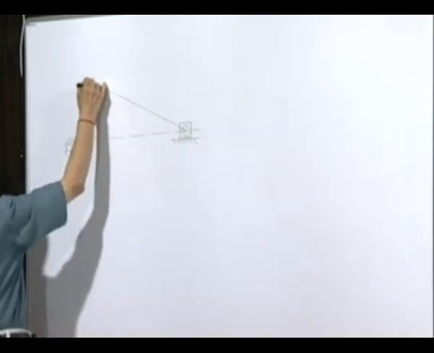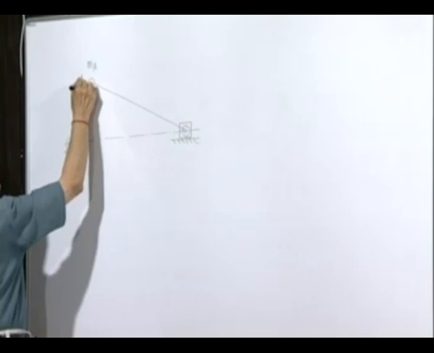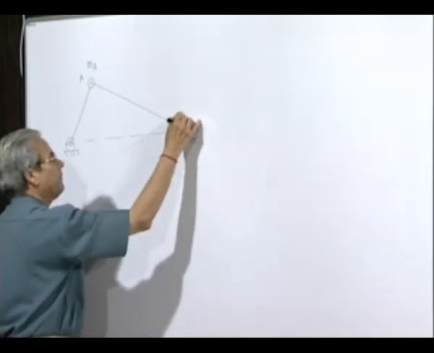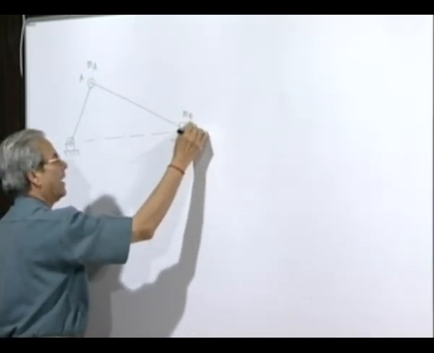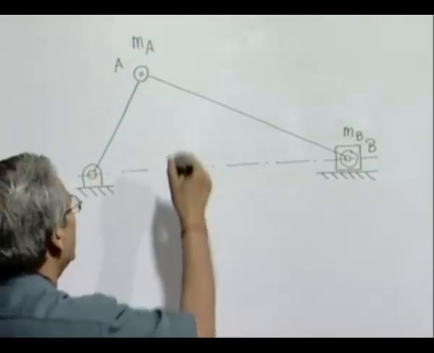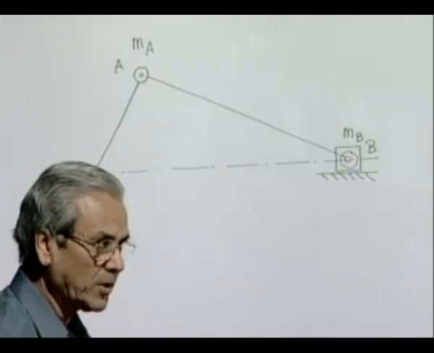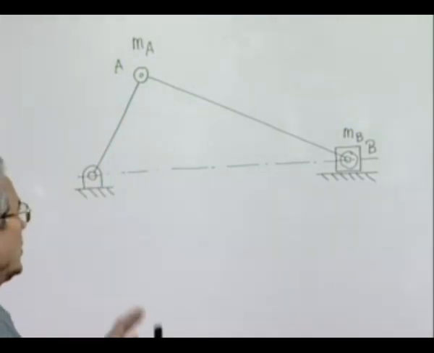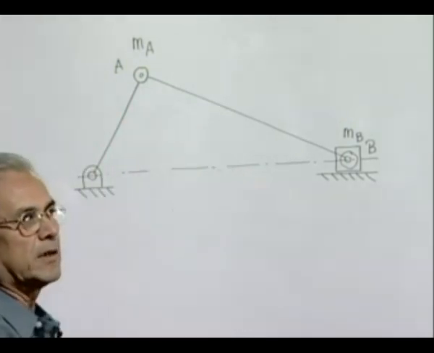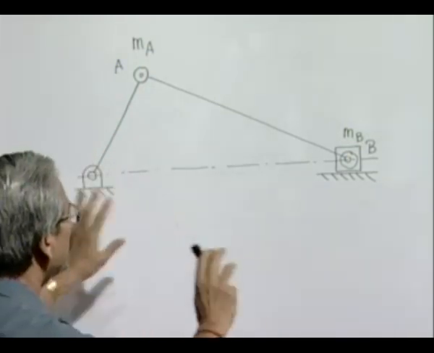So, we have placed M A at this point A and M B at this point B along with the slider, and this becomes a massless rigid rod. In the process, all the matter contained in this mechanism or machine is now divided into two parts.